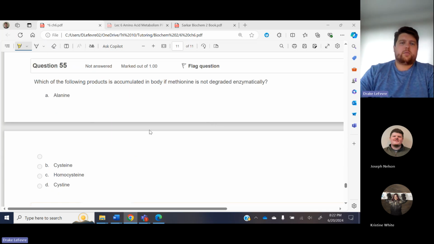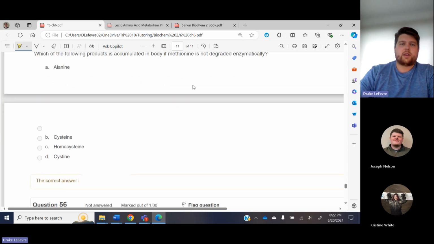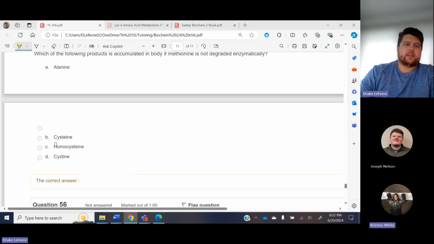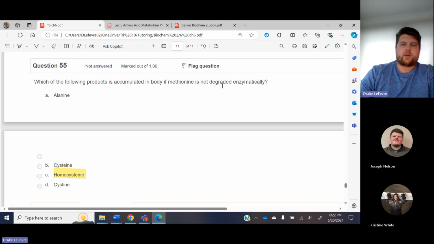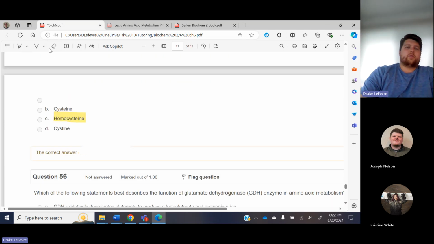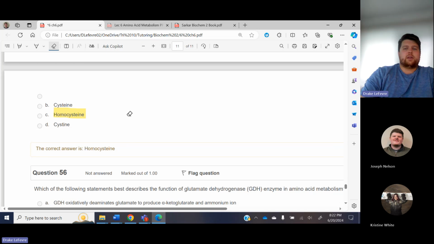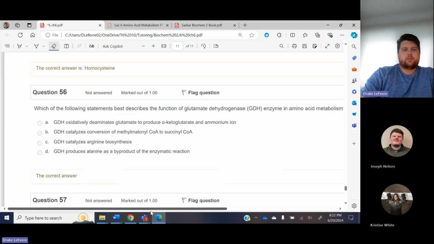Which of the following products is accumulated in body if methionine is not degraded enzymatically? We mentioned this briefly. Yeah, homocysteine. If methionine is not degraded enzymatically, then we end up with a whole bunch of extra homocysteine in our blood.